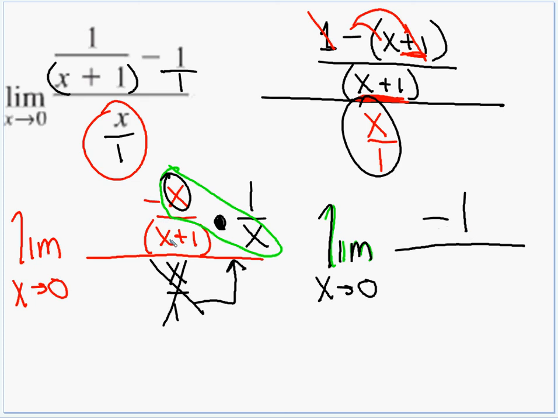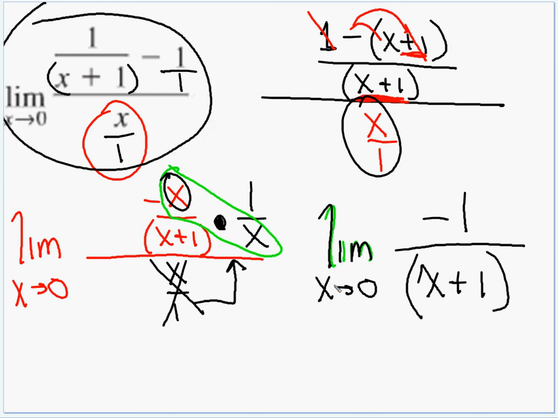And then down here in the denominator is x plus 1. So now, direct sub did not work on the original. Let's try direct sub here. So our numerator is negative 1 over 0 plus 1 is 1. So that's just negative 1 as our final answer.